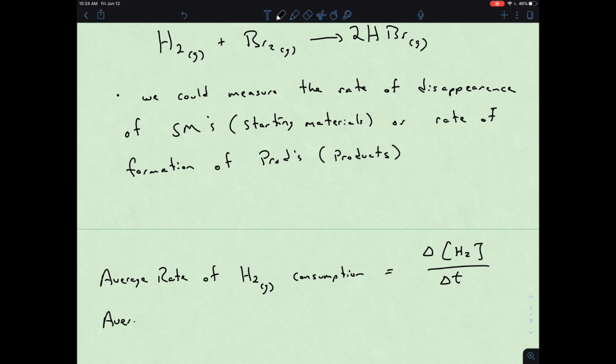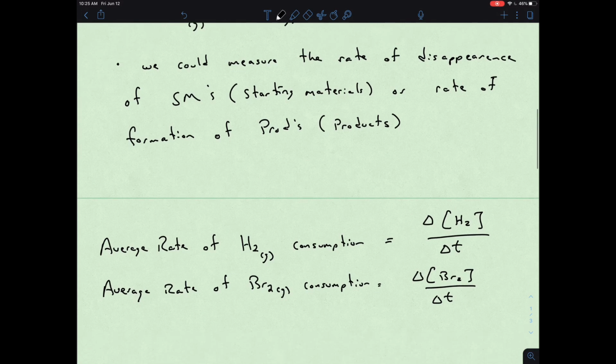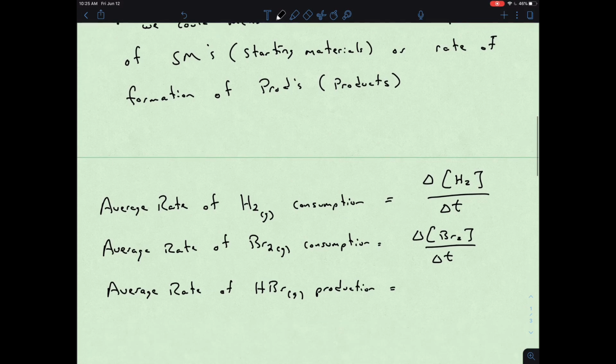But we could put it into terms of all the materials specifically, looking at the consumption of bromine over time, or the production in terms of our products.